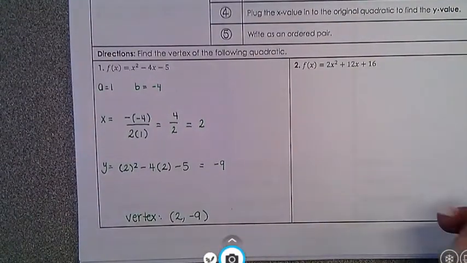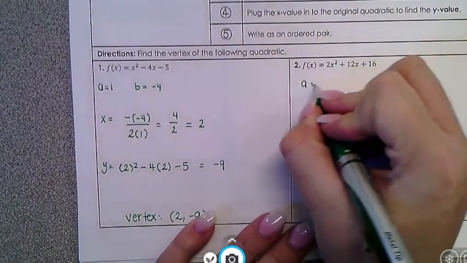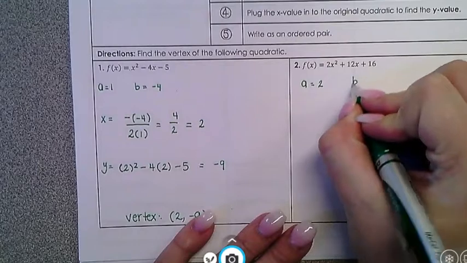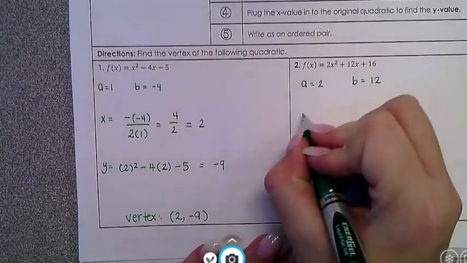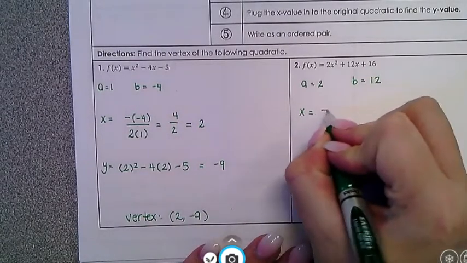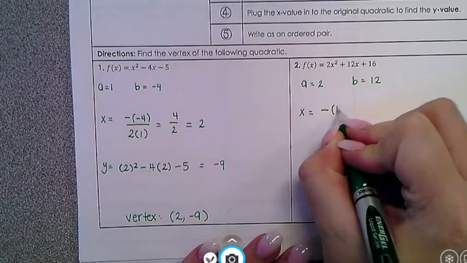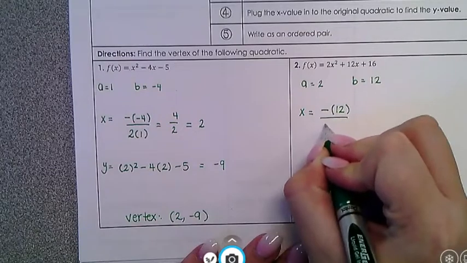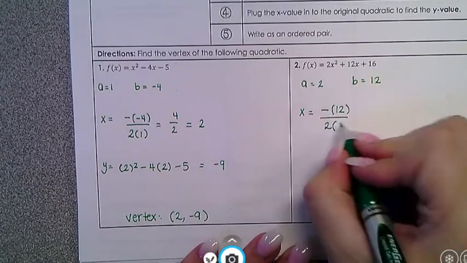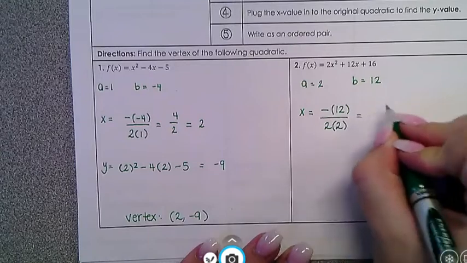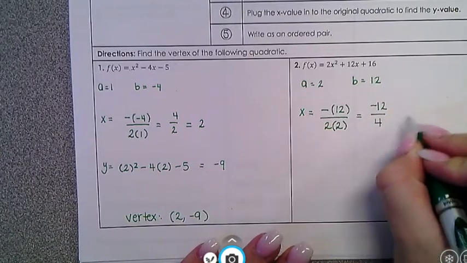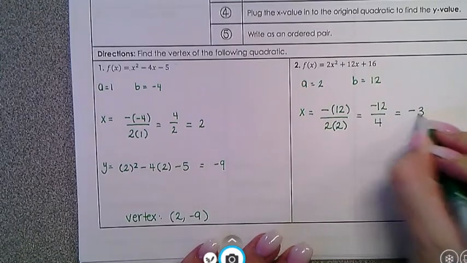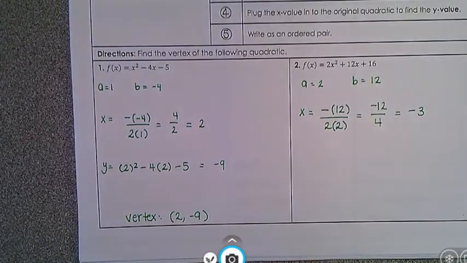So number 2, my a is 2, my b is 12. So x is equal to negative, then my b is 12, over 2 times my a, which is 2. So this would be negative 12 over 4, which is negative 3.